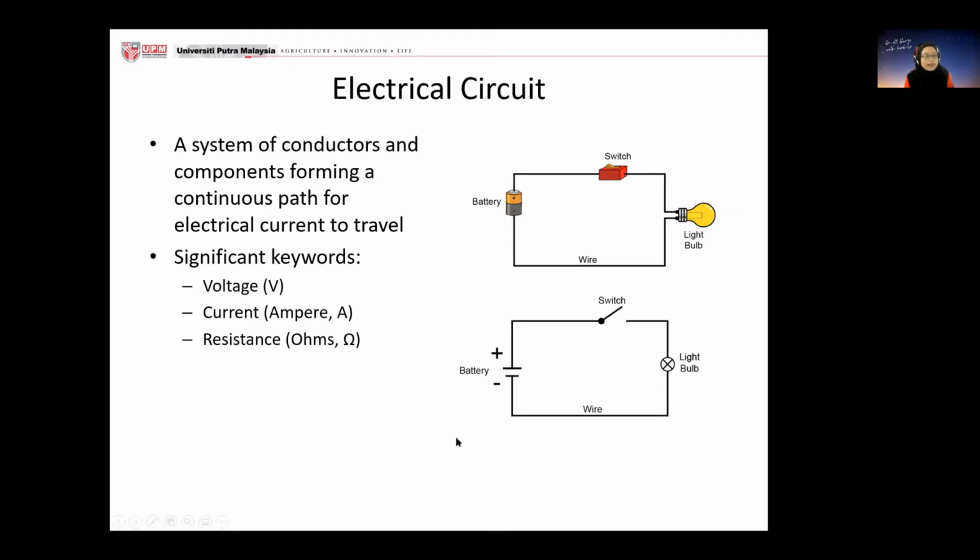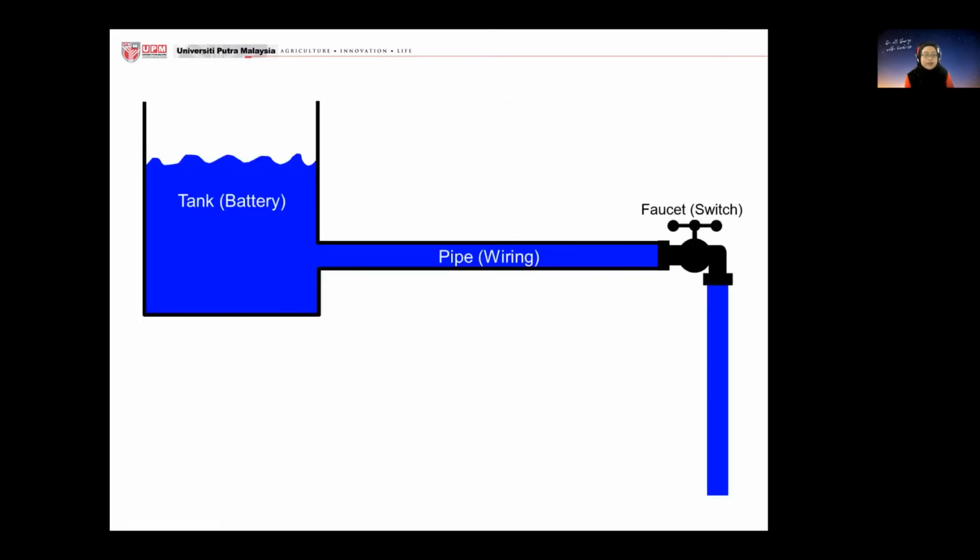So we'll look at a little bit about the significant keywords here, and how it relates to what's actually happening. Usually when people are talking about electricity, one of the easiest ways to convey that is by referencing a water system like this.